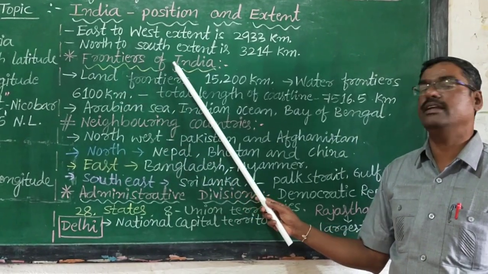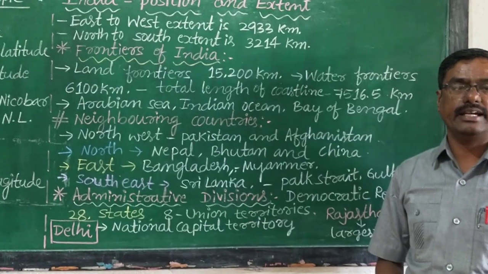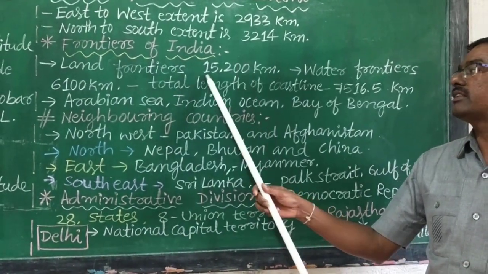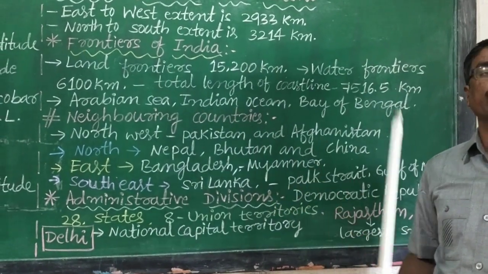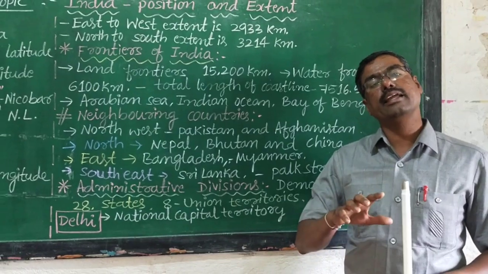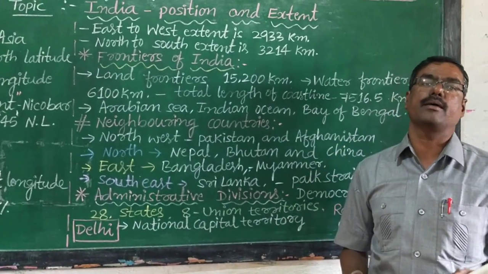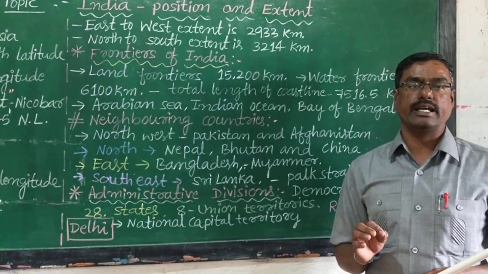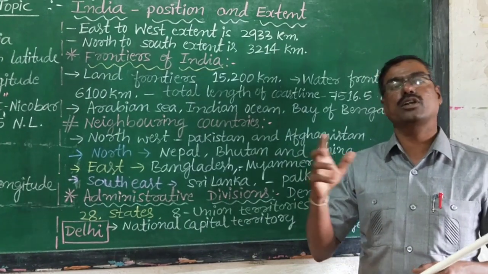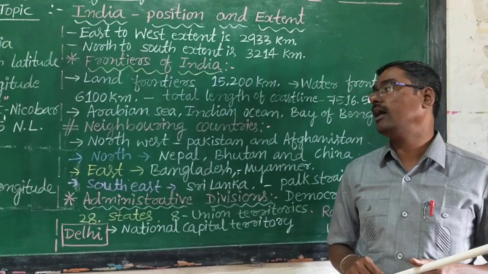Except in some places, India has natural frontiers on all sides. For example, in the north, the Himalayan mountain ranges form natural frontiers between India and China.